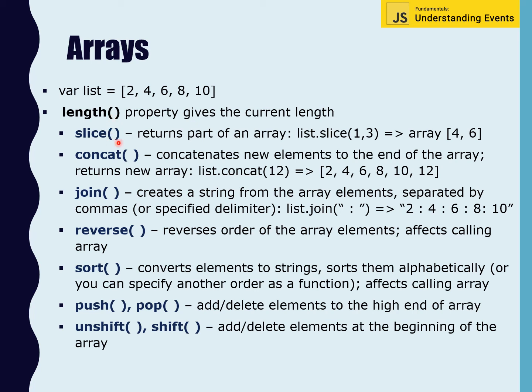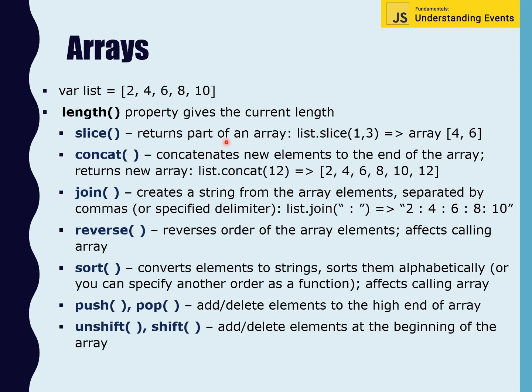Then the slice function returns a part of an array. The usage is like this: list.slice(1, 3). List.slice(1, 3) means from the list array, slicing from the first index up to 3. Here the first index value is 4, then the second index value is 6, and the third one is excluded, so the output will be 4, 6.